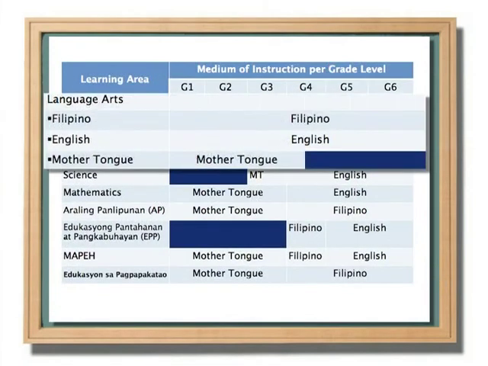Integrated language arts consist of mother tongue, English, and Filipino. These focus on the development of literacy and numeracy skills and learning of concepts in the mother tongue from grades 1 to 3, and later will transfer to the second language, namely Filipino and then English.